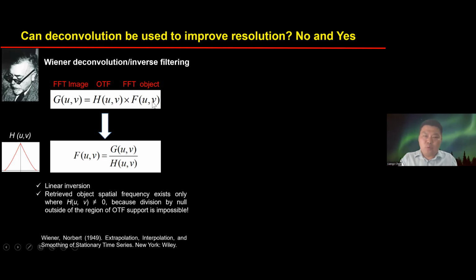So if we want to reverse back, if we want to calculate back what the object looks like, we can just do a simple division. F equals G divided by H. H is the OTF. From this equation of inverse filtering deconvolution, we see that it is impossible if we just use this equation to extend any resolution, because H outside of this support is zero. So you cannot divide G by zero, right?